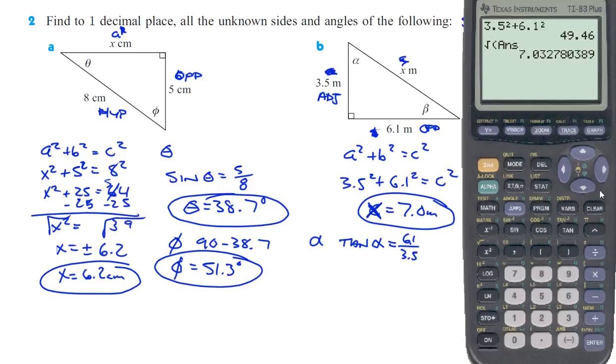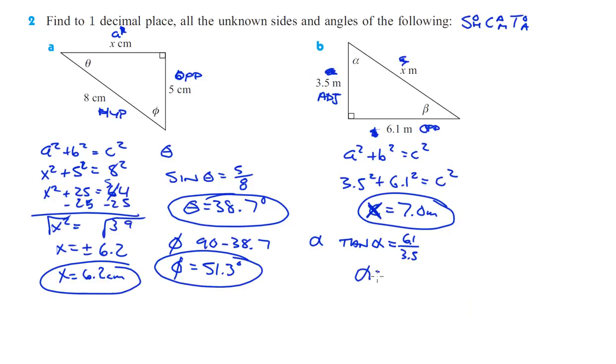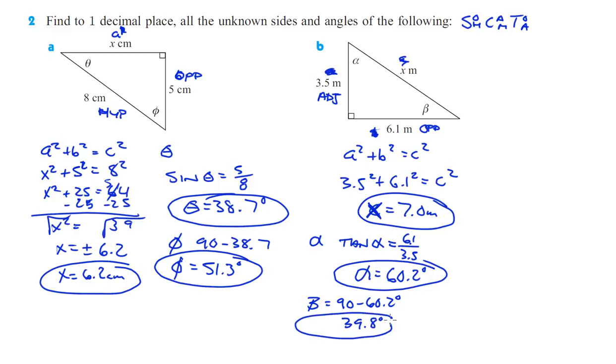So let's bring our calculator up here, and we do second tangent of 6.1 divided by 3.5, and we get 60.2 degrees for alpha. And then beta here is going to be 90 minus 60.2 degrees, right? So if we do that, we get 39.8 degrees is what beta equals.